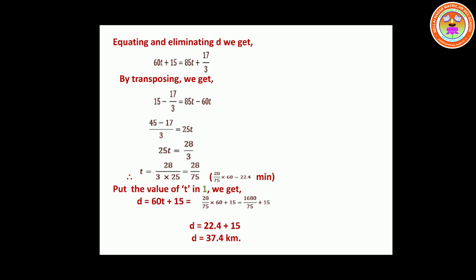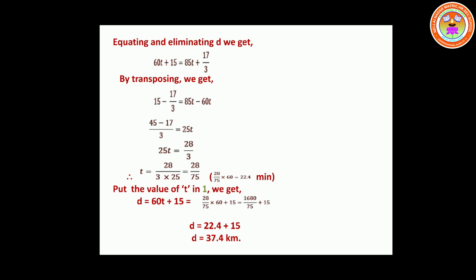Now I am going to transpose the values. So transposing the constant term to the left hand side, I get 15 minus 17 by 3, that is equal to 85t minus 60t. So when I take the LCM, it is 3. Numerator becomes 45 minus 17, that is equal to 85 minus 60, which becomes 25t.